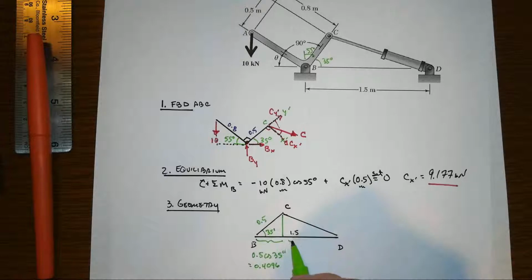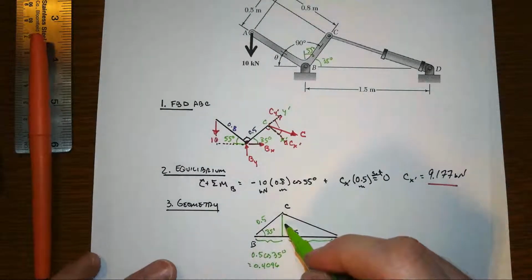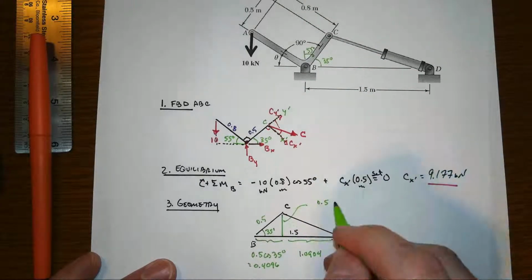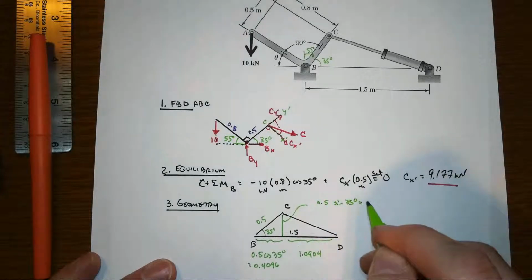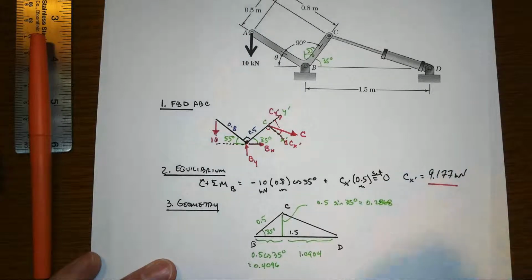Subtract that off of 1.5, and I get this other little segment. That's about 1.0904. Now the height of this little triangle right in there, that would be 0.5 times sine of 35 degrees, and that will equal 0.2868.